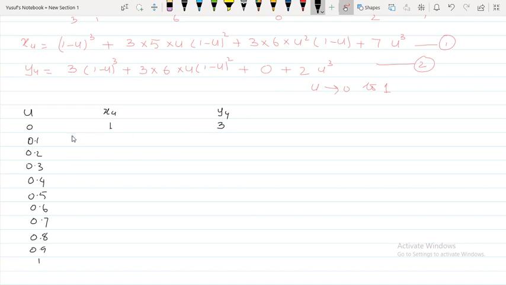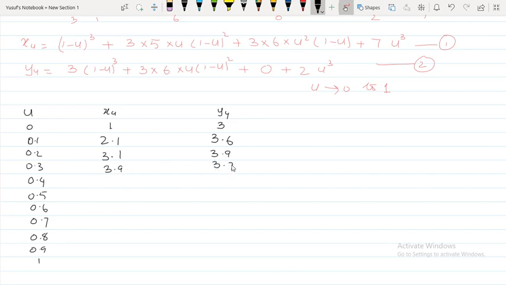Then you have to put u equal to 0.1. So you will get 2.1 and 3.6. Then the same equation, put u equal to 0.2. So you will get 3.1, 3.9. Then for 0.3, 3.9 and 3.7.